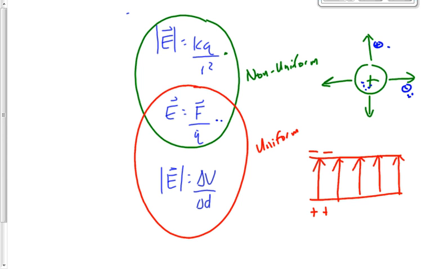Now, this equation down here, E is equal to delta V over delta D, obviously we can use that for these parallel plates. But again, what about that middle one? Well, as long as we have something in between here experiencing the field, whether it be a positive or a negative, doesn't matter where it is, then we're allowed to use that middle equation as well.